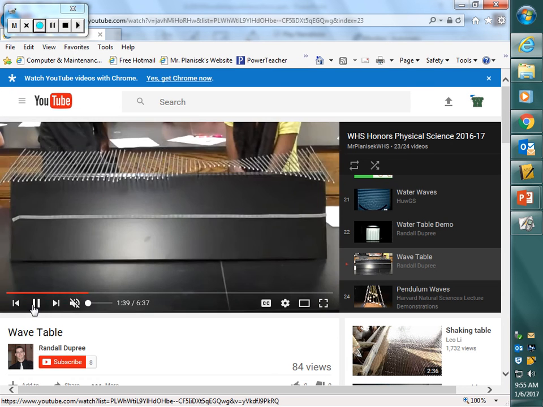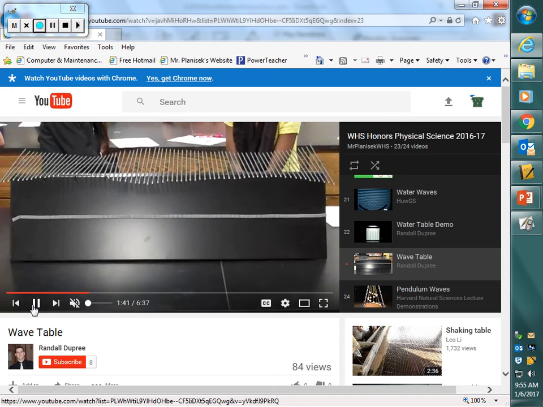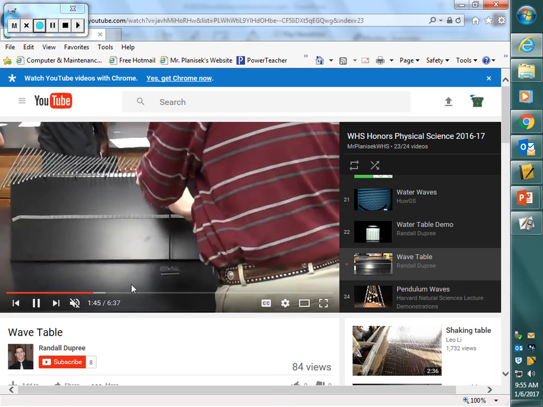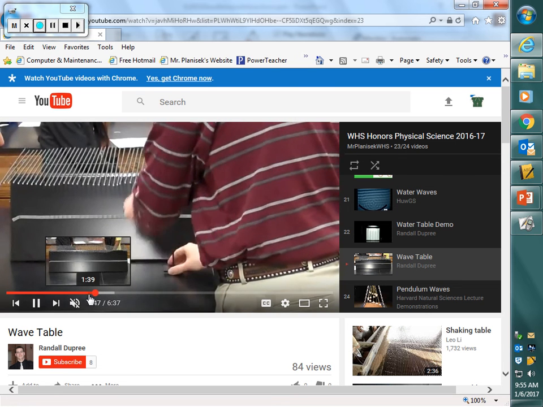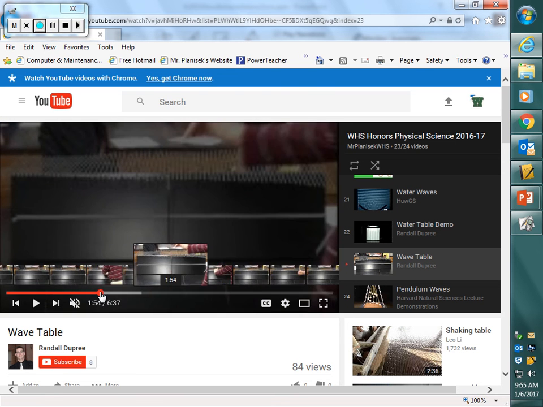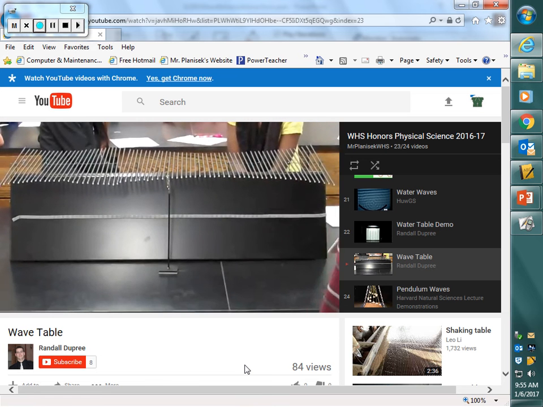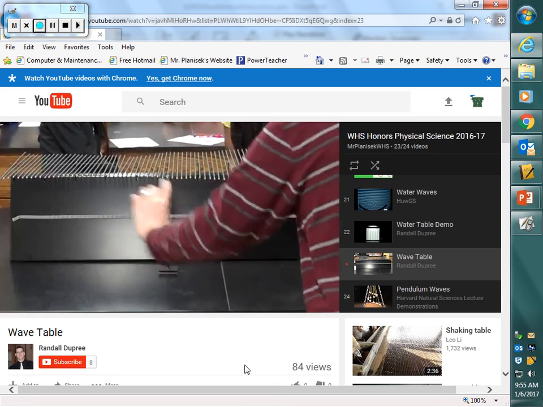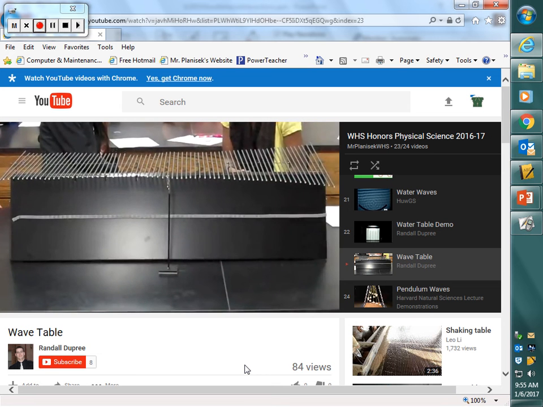So in this case, he takes the little stand thing and puts it right in the middle. And you might be able to guess that when the new wave hits that stand, what's going to happen? Brick wall, basically, yes.